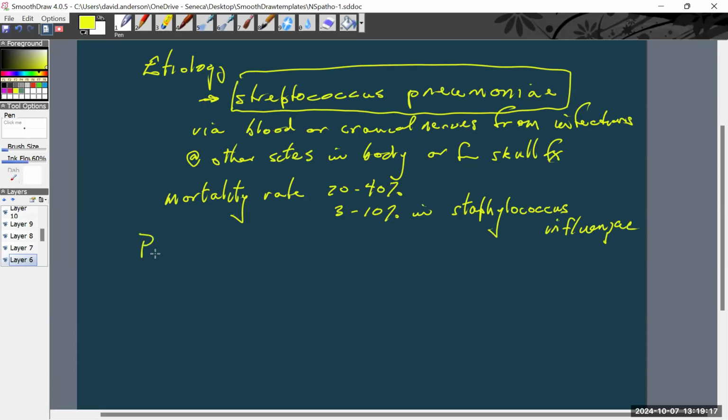So basically what's happening in this situation, bacteria targets most typically the pia and the arachnoid.